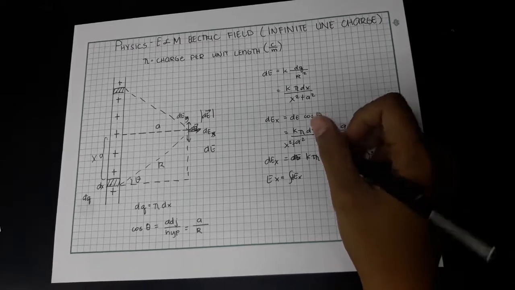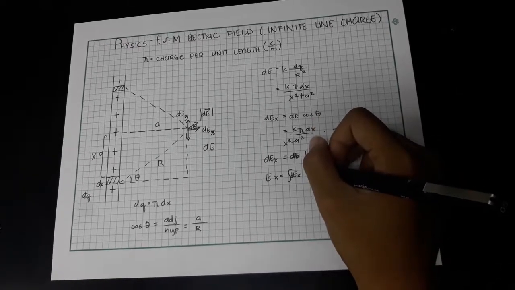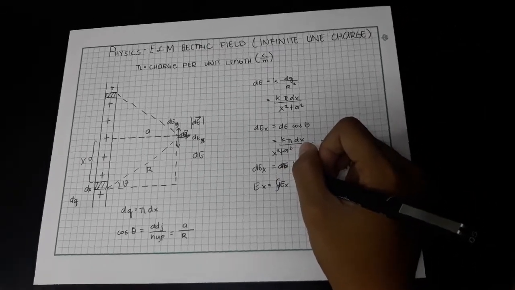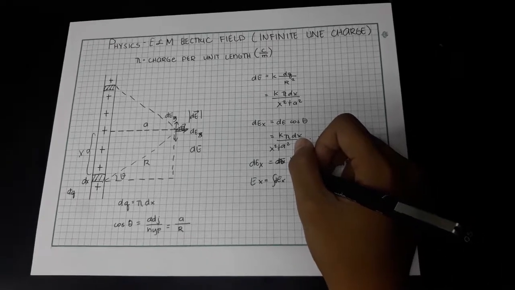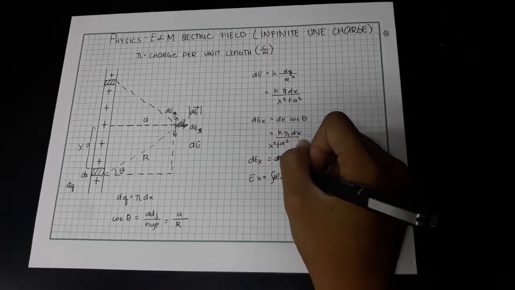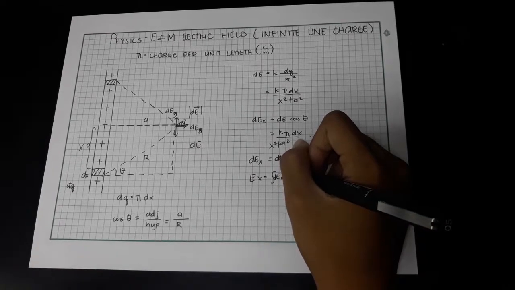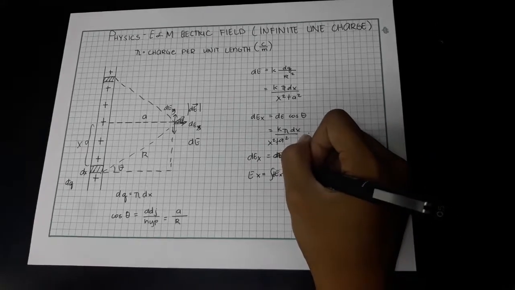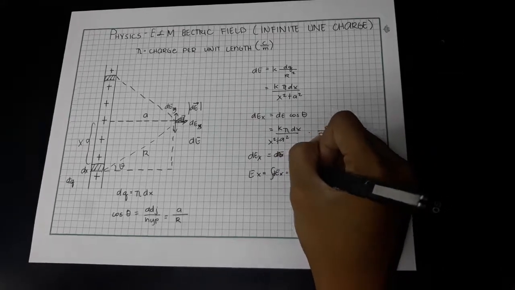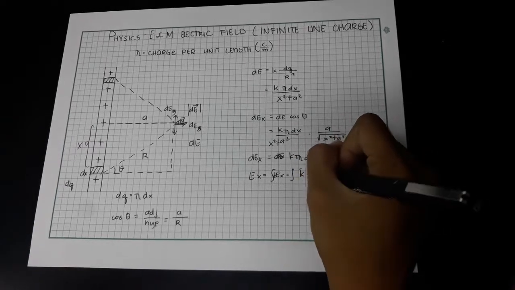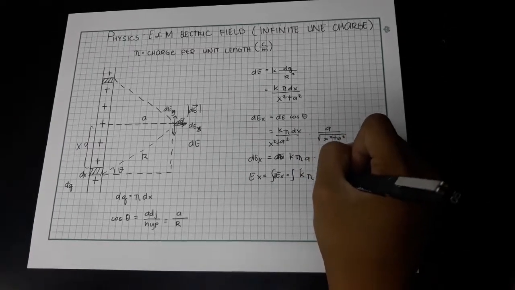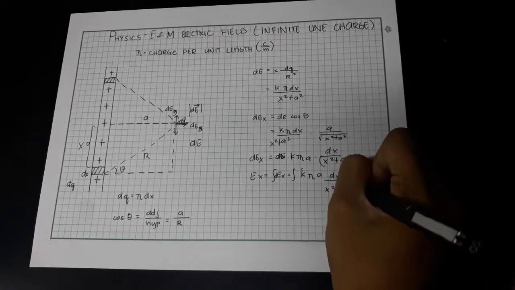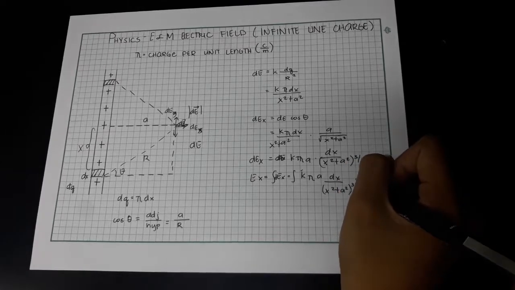The total of E x is equal to the sum of all the components that we get from each segment. And that would be equal to the integral of k times linear times a times dx divided by x squared plus a squared to the 3 halves.